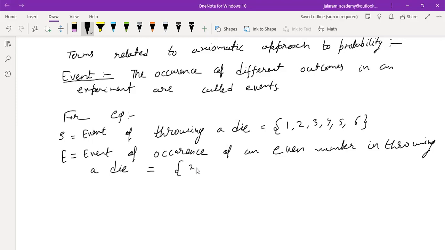So how many even numbers are there? There are 2, 4, 6. The next term. Have you understood the meaning of event? Yes, sir. Second most important term is sample space.